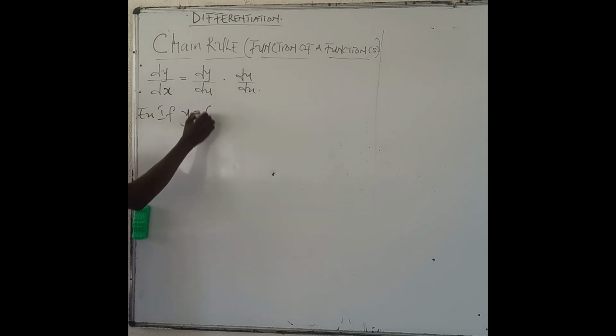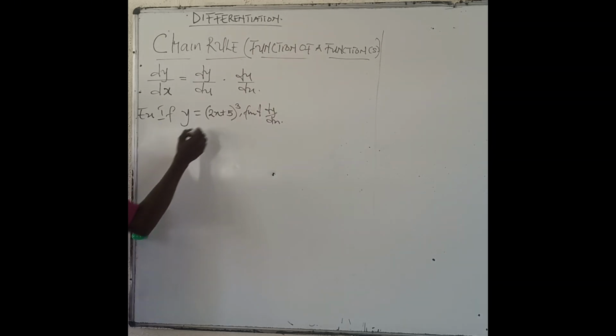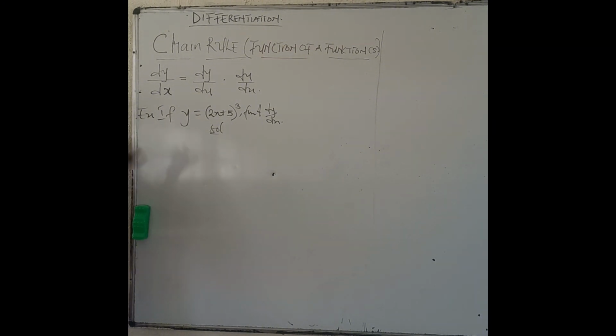If y is equal to 2x plus 5 raised to power 3, find dy over dx. Looking at this question, you know that this is a chain rule. It has a function of another function. Using the general method is out of your mind, and using first principle is also out, because you have a function of a function inside this question.